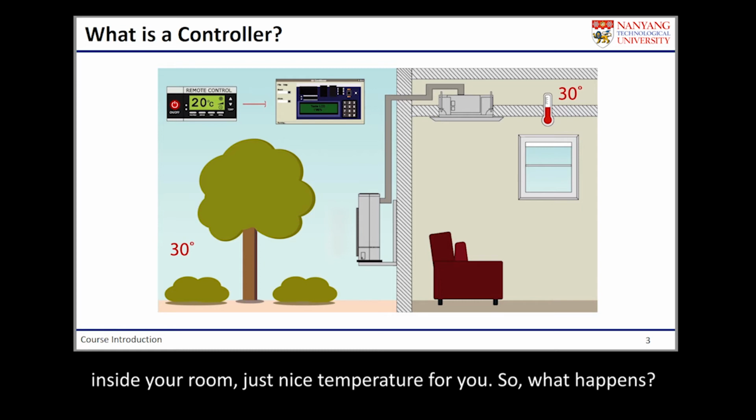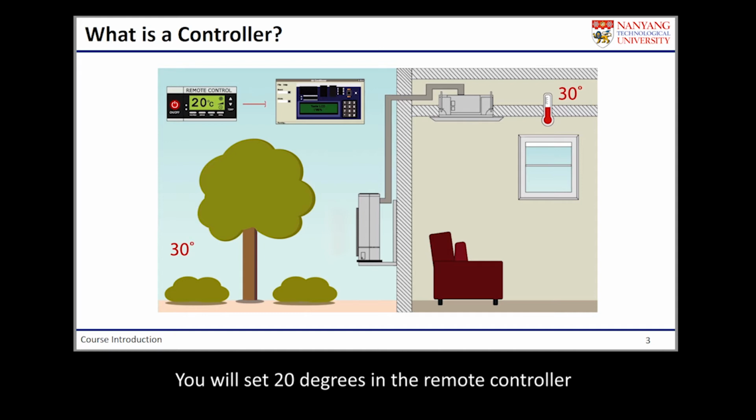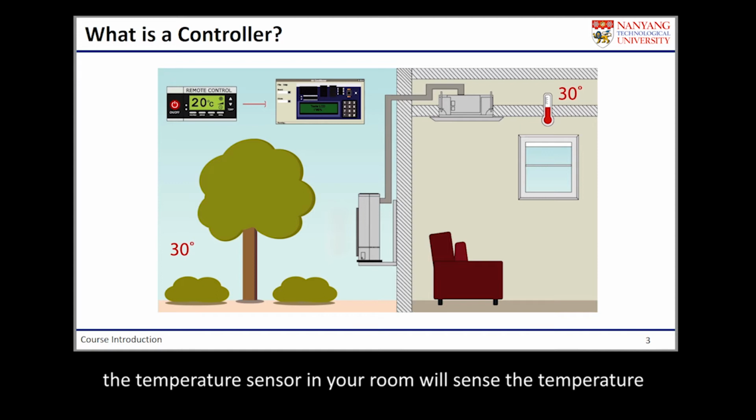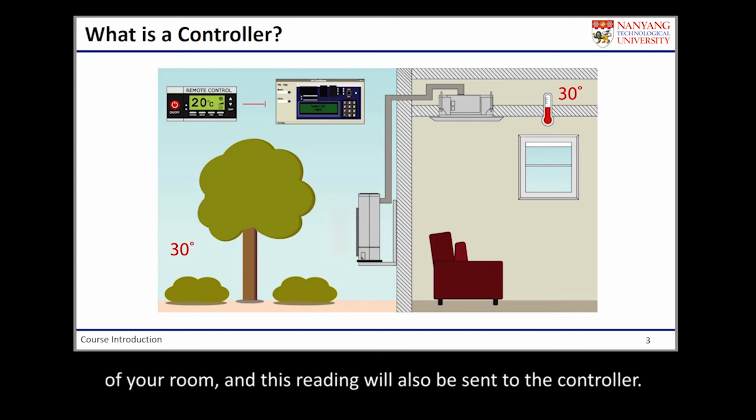So what happens? You will set 20 degrees in the remote controller of your air conditioning system, right? These 20 degrees will be sent to the controller. At the same time, the temperature sensor in your room will sense the temperature of your room, and this reading will also be sent to the controller.